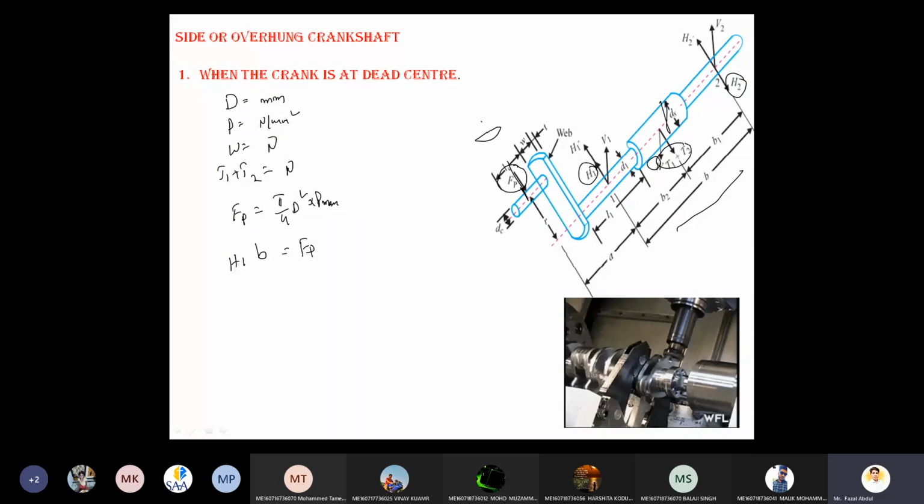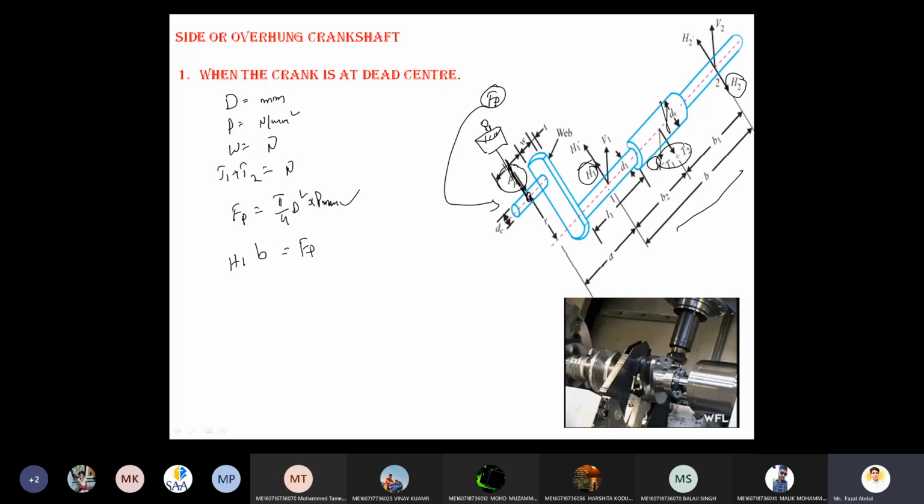Whatever the gas pressure is creating is transferred to the piston through the connecting rod to this pin. So whatever gas force is acting, that is equated here. Due to this there will be two horizontal reactions, H1 and H2.